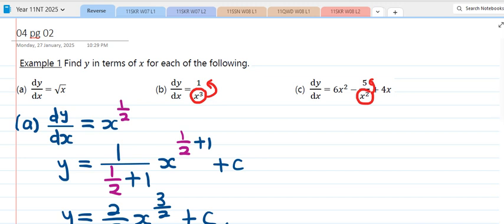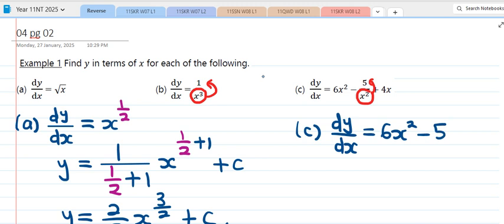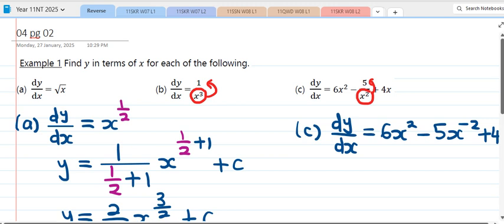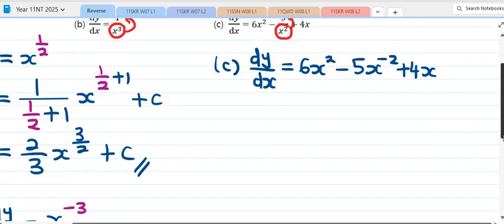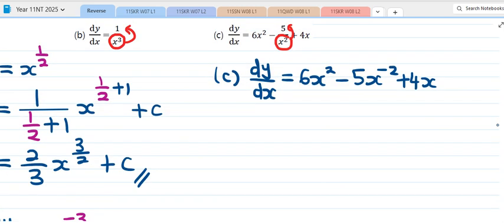So dy by dx can actually be written as 6x squared minus 5x to the power of negative 2 plus 4x. Right? There's nothing more. So you can already convert the gradient function to y in terms of x.